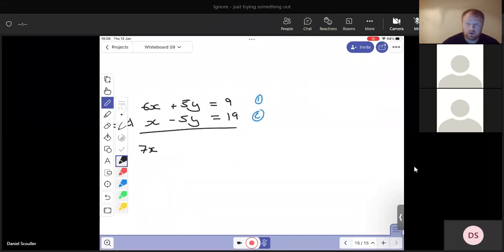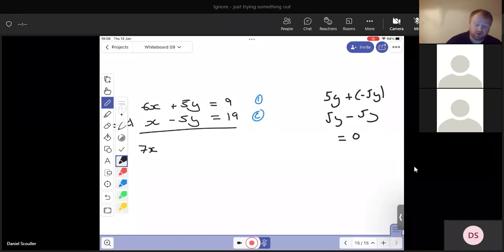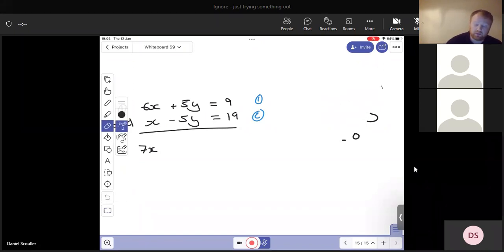It's going to be 5y minus 5y, it's going to equal 0. So you can take it to the right hand side if you want and do that. You won't lose any marks. That's what I mean by that.